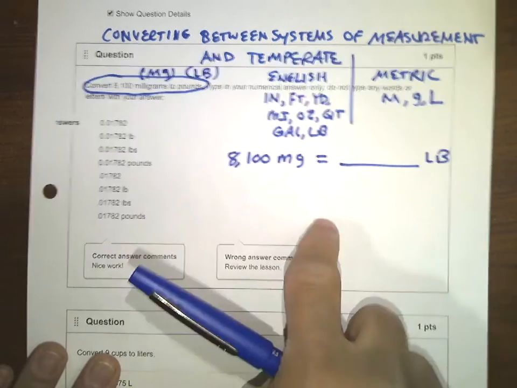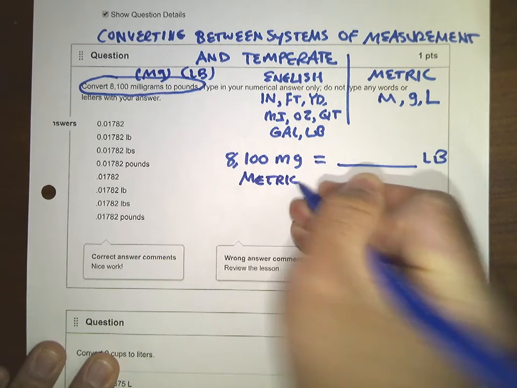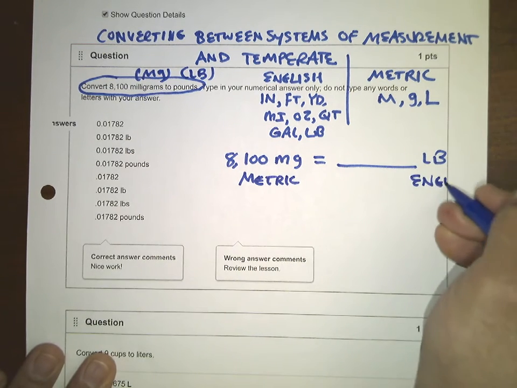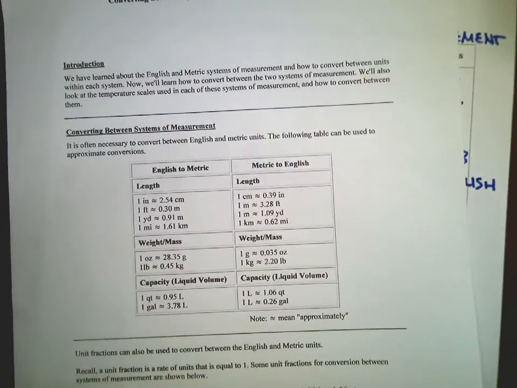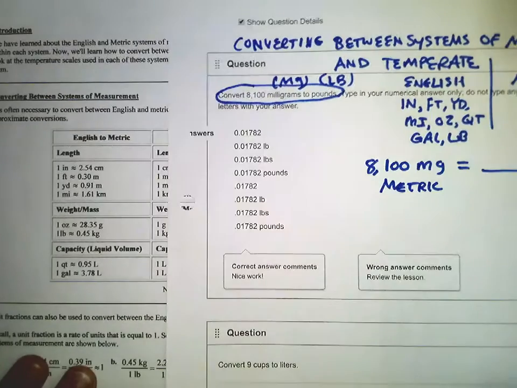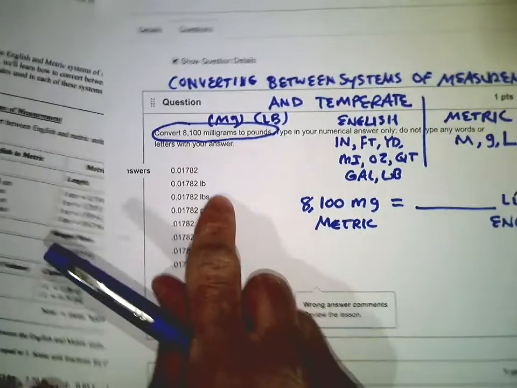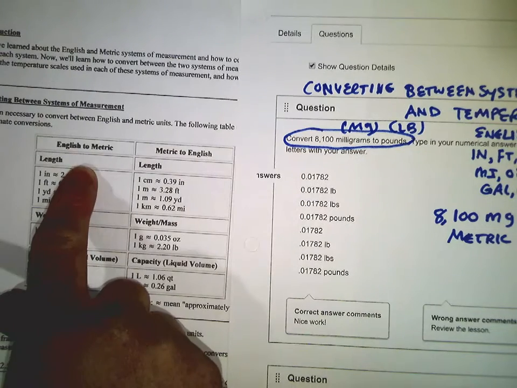Then we see that we're starting with metric, and we want to end up with something that is English. So when we look at our conversion chart from the lesson, we need to make sure that we're looking on the side that says metric to English, not on the side that says English to metric.